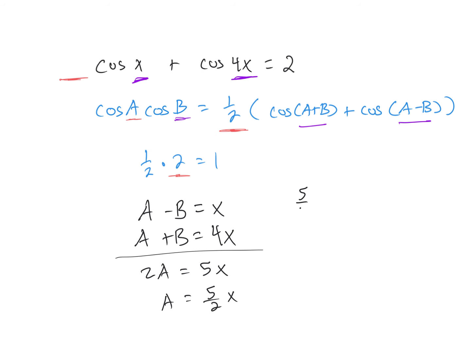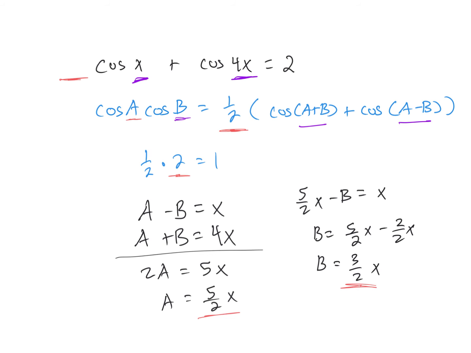So we say 5 halves X minus B should equal X. Then if I move this around, B should equal 5 halves X minus 2 halves X, which equals 3 halves X.